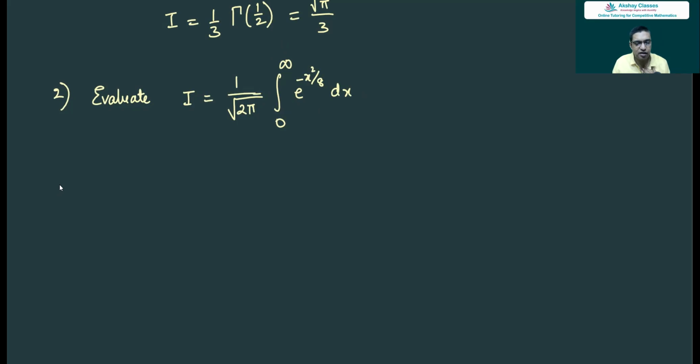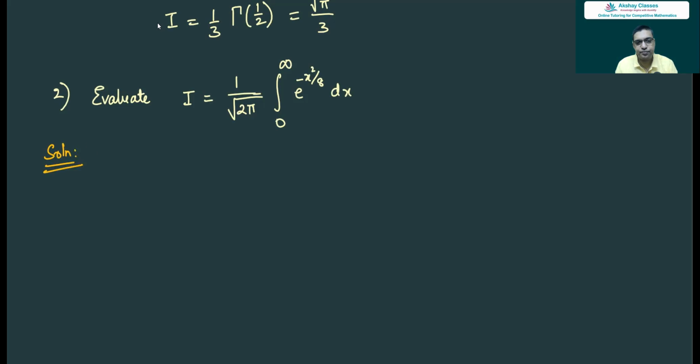This is your error function that is used in probability distributions. This is one of the forms of the error functions, some transformation. But that error function is related to gamma function.